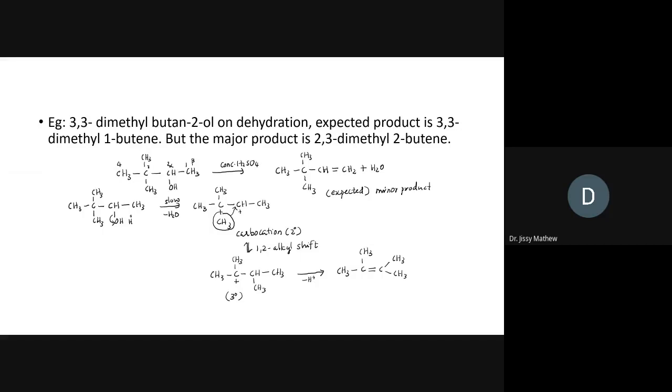So the secondary carbocation rearranges to a more stable tertiary carbocation, and when this hydrogen is eliminated as a proton, the base abstracts the proton, and we get this product. And this is the major product, and that is 2,3-dimethyl 2-butene.